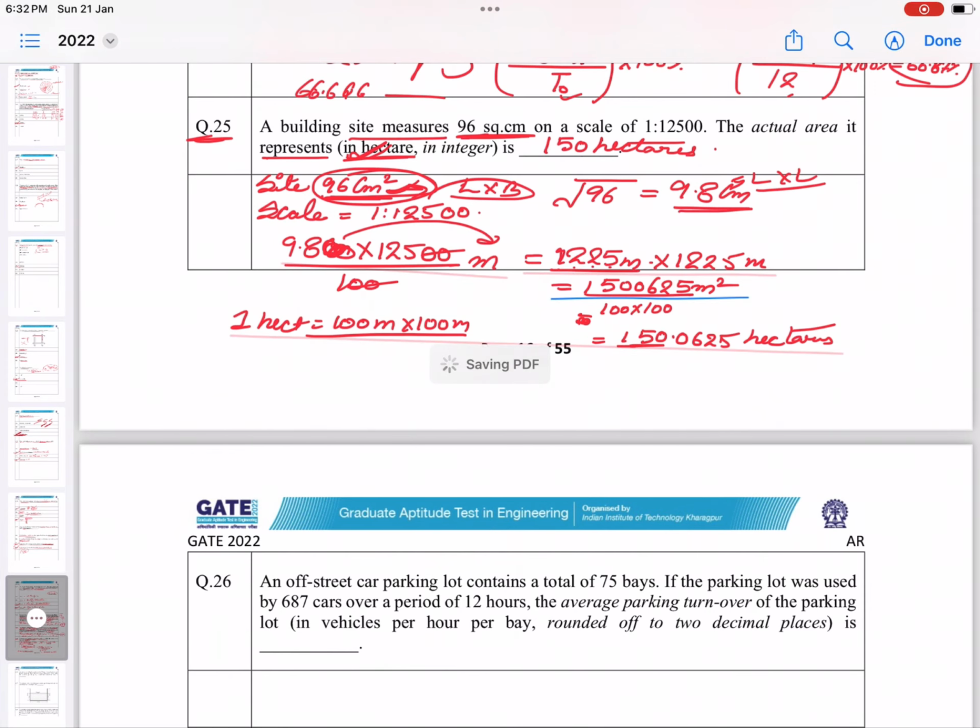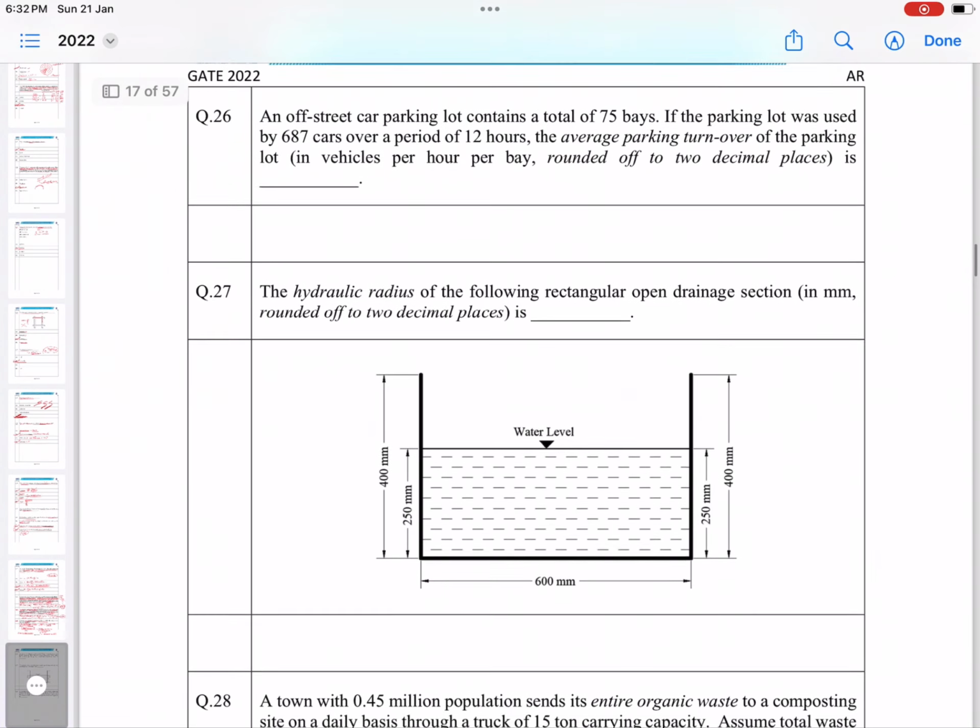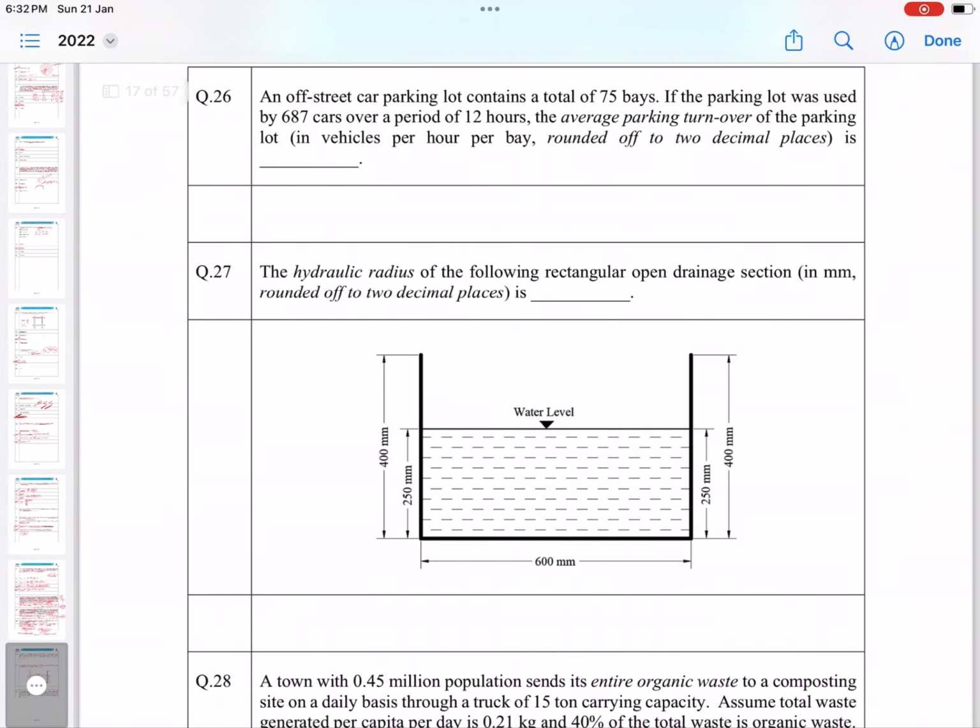I hope you have got it. This is not tricky or anything, you just know the concept and you do it. Now moving on to question number 26. This is from transportation. An off-street car parking lot contains a total of 75 bays.